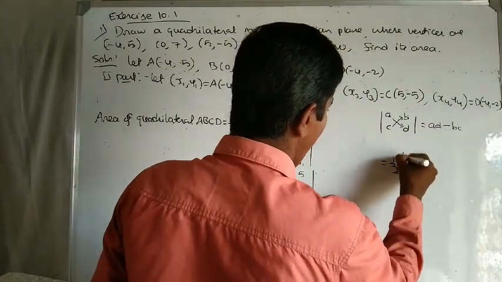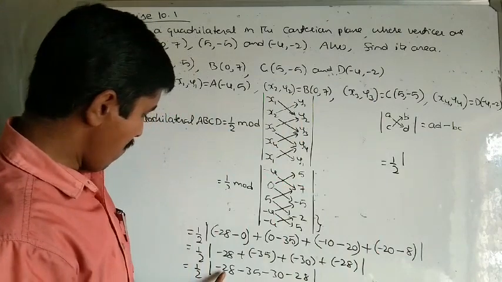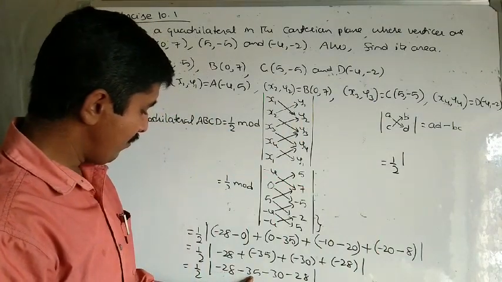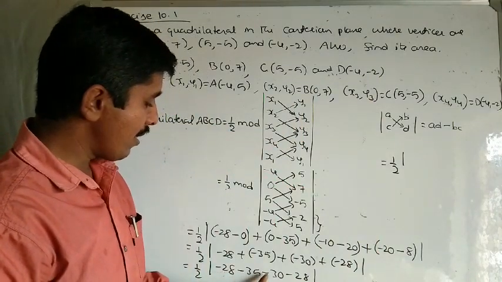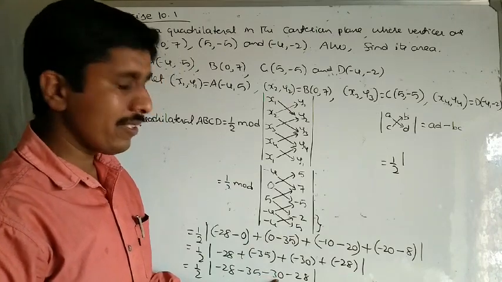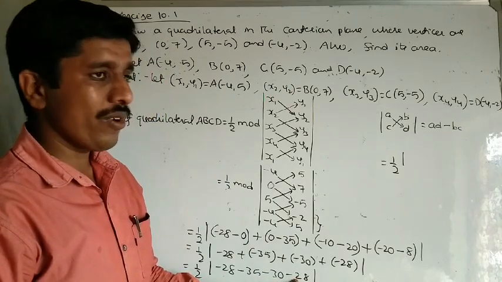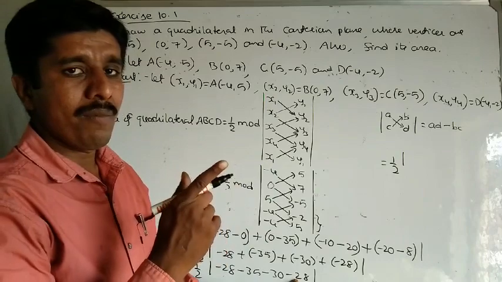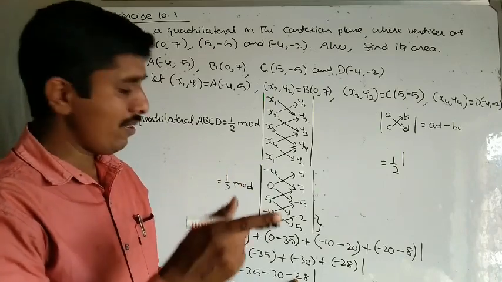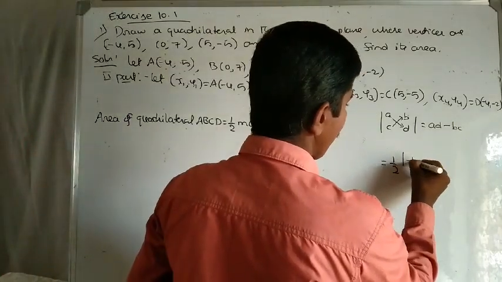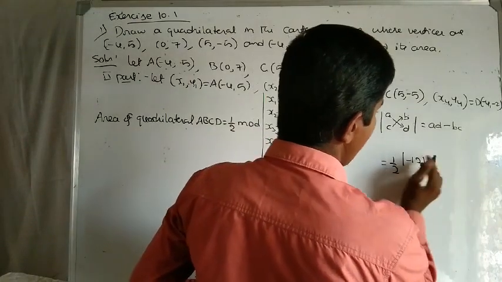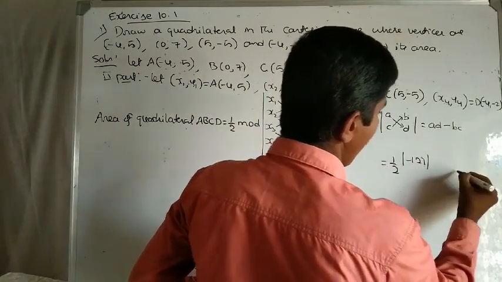Half into modulus of minus 28 minus 35, minus 63, minus 30, minus 93, minus 93, minus 28, minus 121. So this is modulus of minus 121.